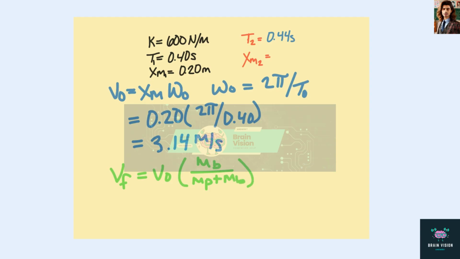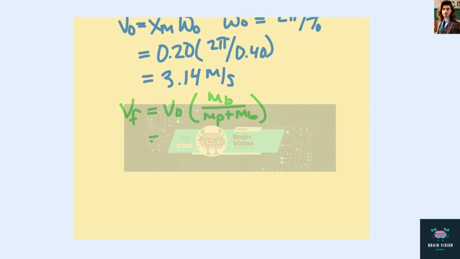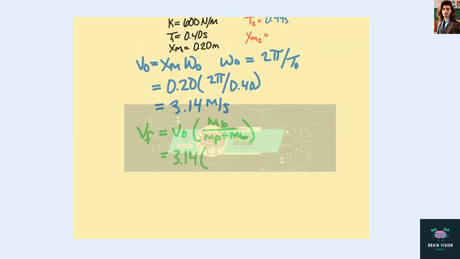When we substitute in those values, we have 3.14 times our initial mass, which is 2.43 kilograms, divided by 2.43 plus 0.5, and we get that our final velocity equals 2.60 meters per second. So that is our final velocity.